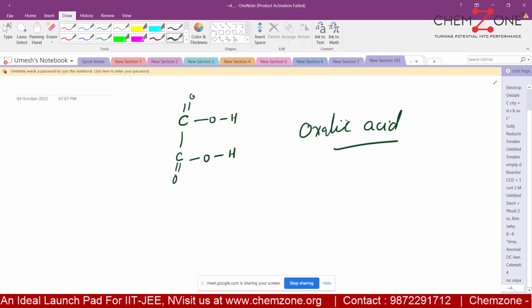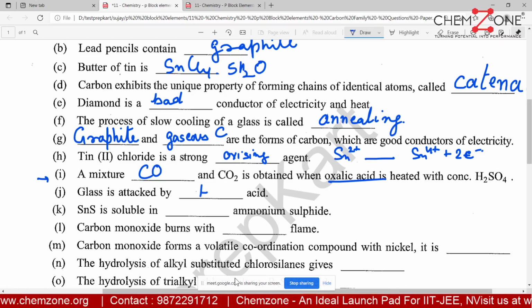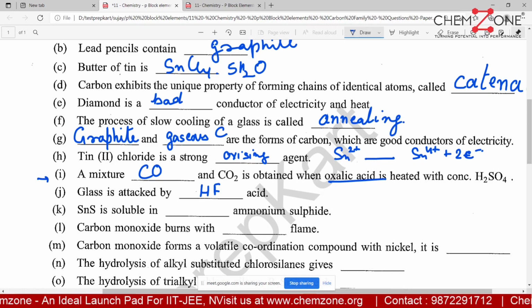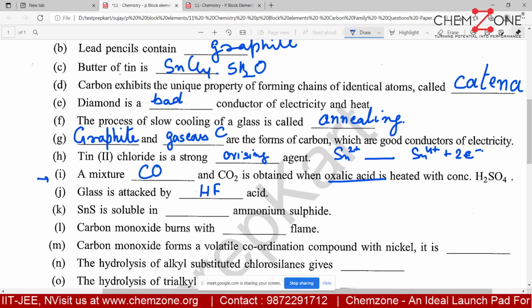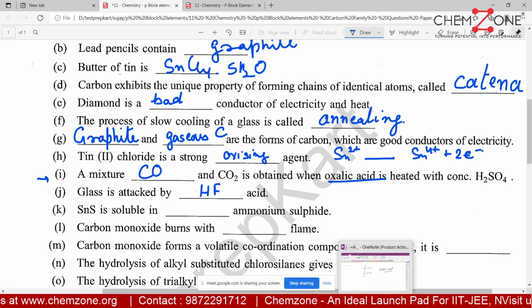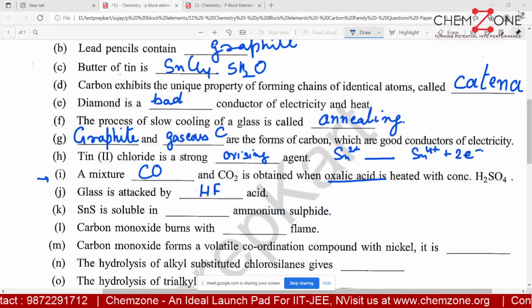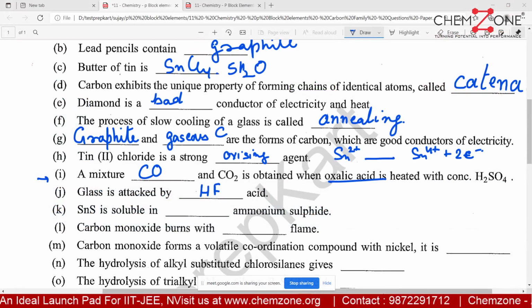Understood? Glass is attacked by hydrofluoric acid. Remember, glass is attacked by hydrofluoric acid. Note it down.